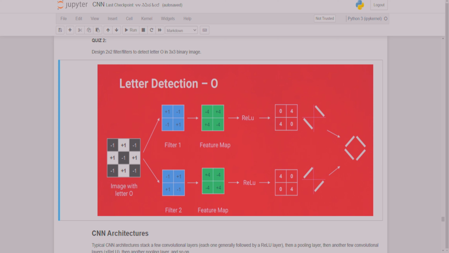Maybe you had a question over there: how can these 8 filters try to extract different features? Now you have an answer. Detection of X is possible, 0 is also possible, using similar filters. This is just a hint, to answer that question which might have been in your mind at that time. At that time we didn't know what convolution is or how things are happening, so I didn't try to answer at that point of time.